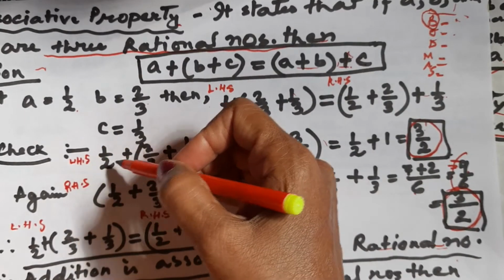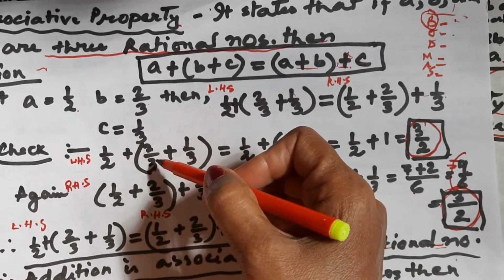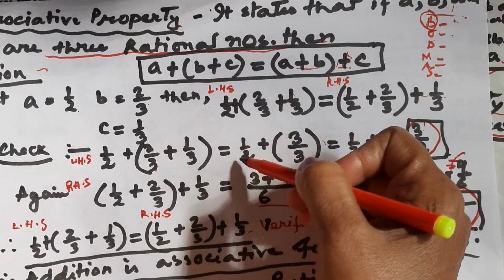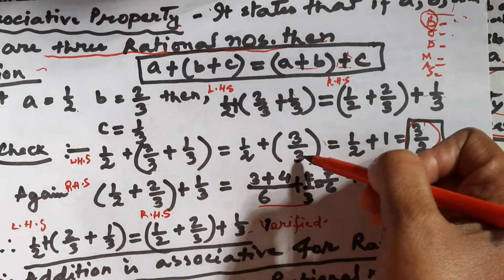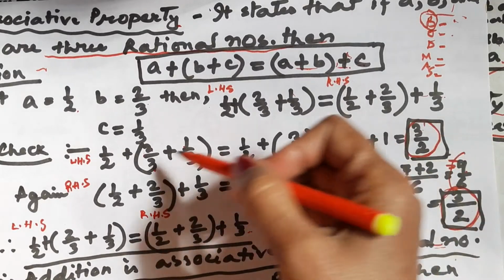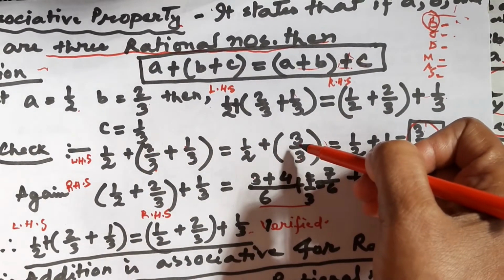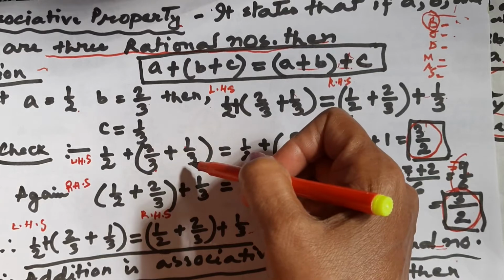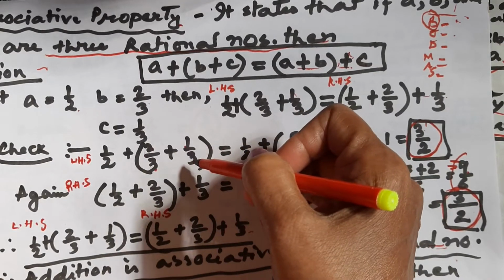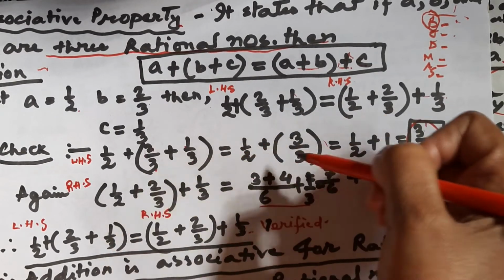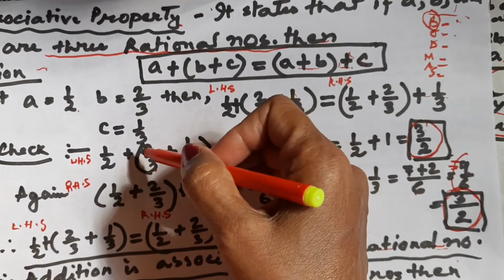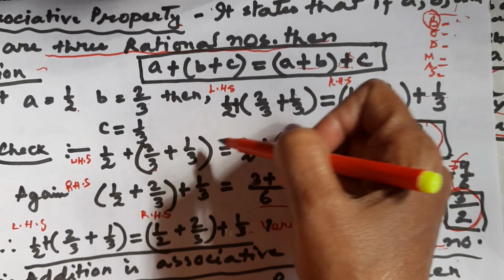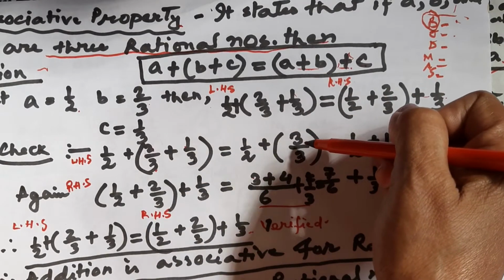So, the left hand side will be half plus (2 by 3 plus 1 by 3). It will be equal to half plus 3 by 3, as the 3s are common. So, we will take one common denominator 3 and 2 plus 1 is 3. When there is the same denominator, we take the one common denominator and just add the numbers in the numerator.